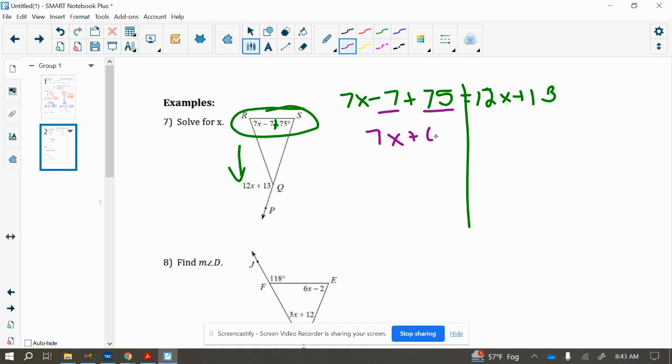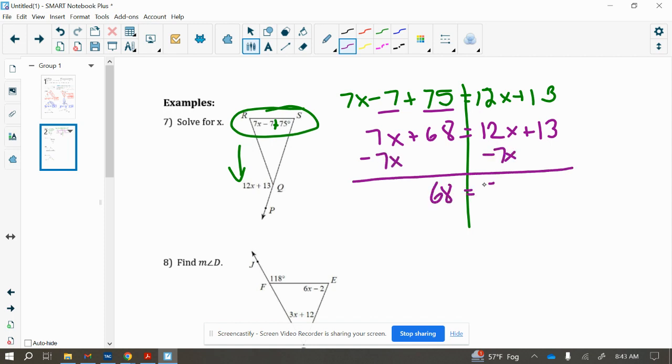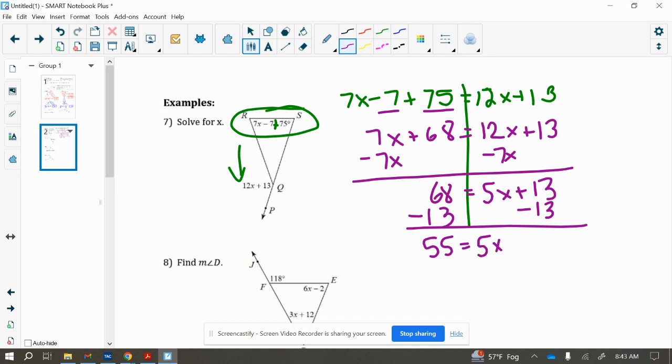That's a total of 68. And now that everything is condensed down, I'm going to subtract the smaller x from both sides. Get 68 equals 5x plus 13. Subtract the 13. 68 minus 13 is 55. And then last but not least, when we divide by 5, x equals 11 this time.